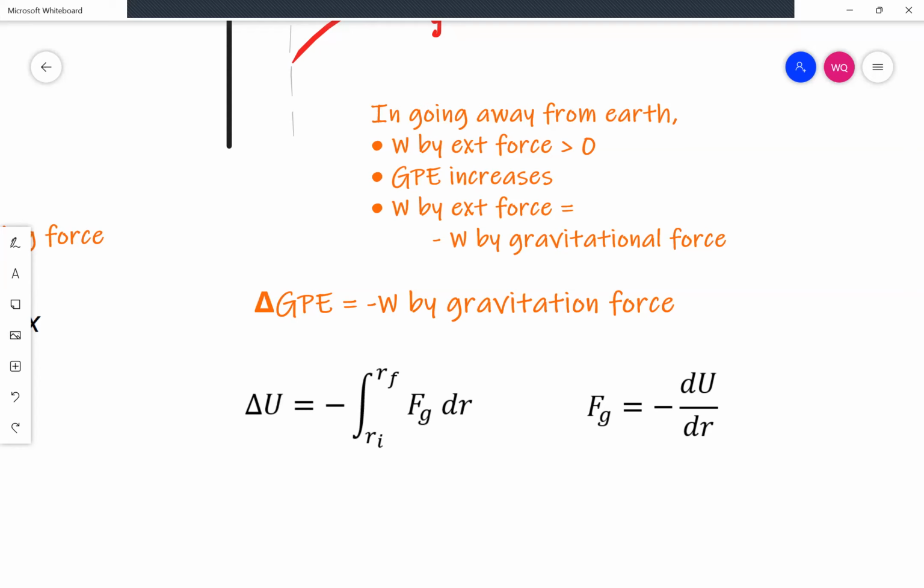So the first equation will be the same as the orange one, the line before it. With this, if you differentiate both sides, you'll get something on the right-hand side: FG is hence equals to minus dU over dr. This is not easy, okay?